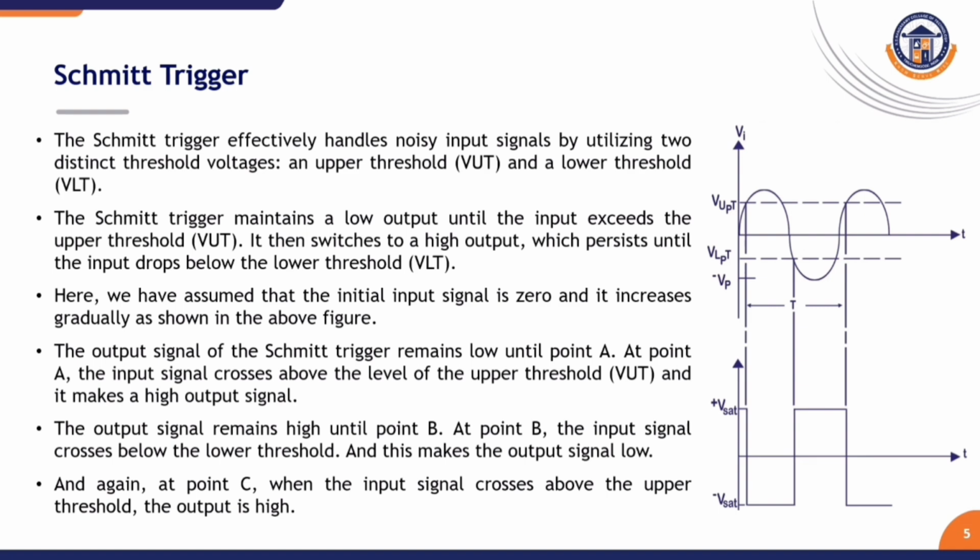Even if the input falls slightly, the output remains high. Only when the input goes below the lower threshold voltage does the output switch back to low. Then again, when the input rises above the upper threshold voltage, the output becomes high. This repeated switching creates a clean rectangular output waveform at the output of the Schmitt trigger.